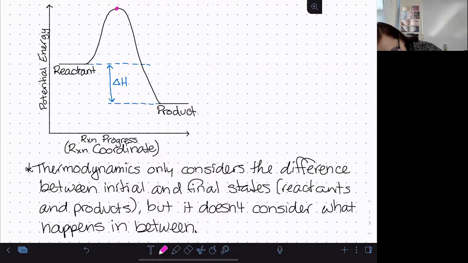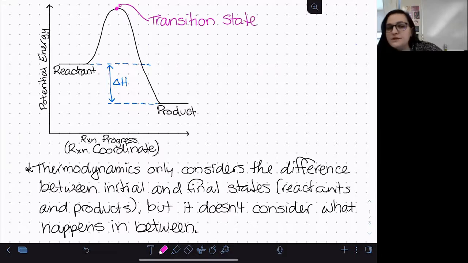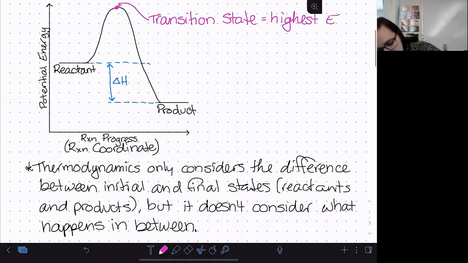The first one is this maximum. This maximum energy point is known as the transition state. So the transition state is the highest energy structure that our reaction passes through.